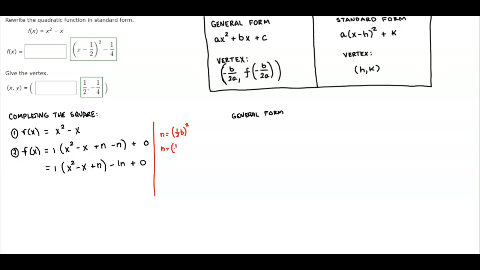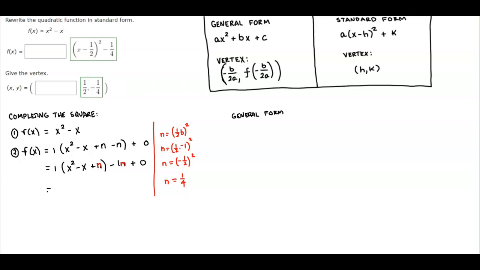Well, we know that b is -1. So 1/2 times -1 is -1/2. When we square that, we get 1/4. So that means that we're going to replace this n and this n with 1/4.